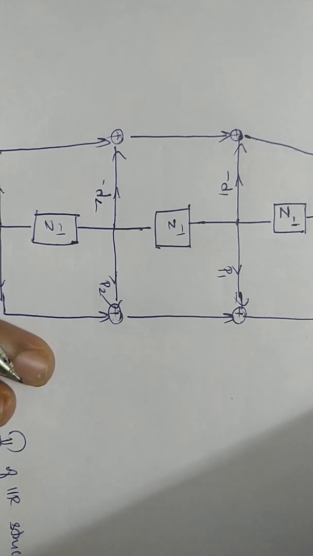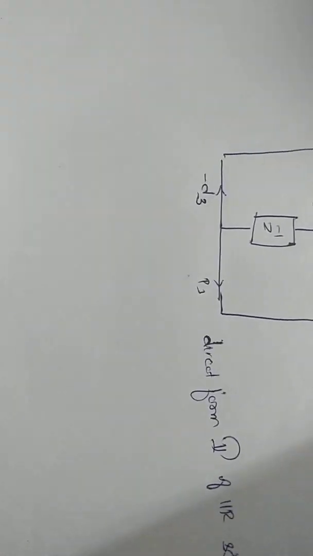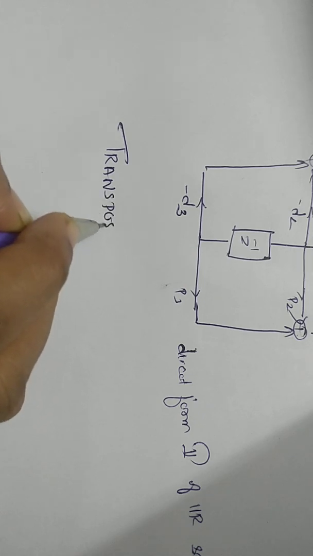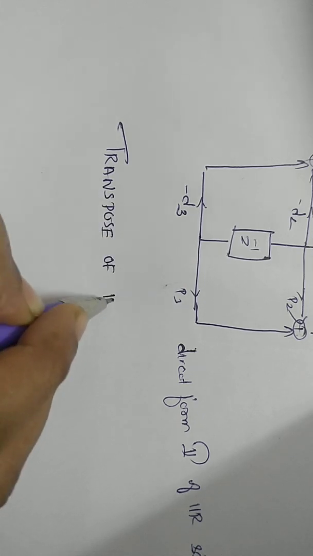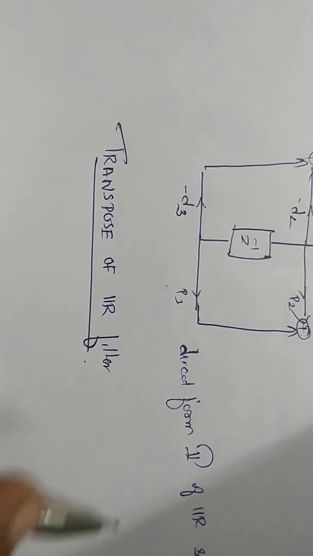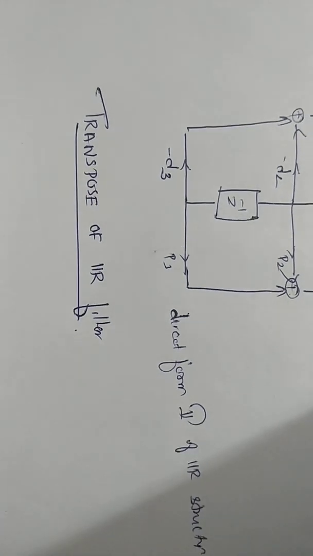So now we are going to draw the transpose of this structure. The next is the transpose of IIR filter. Let's check into that. In the transpose of IIR filter, we can reduce the memory elements and the adder elements.